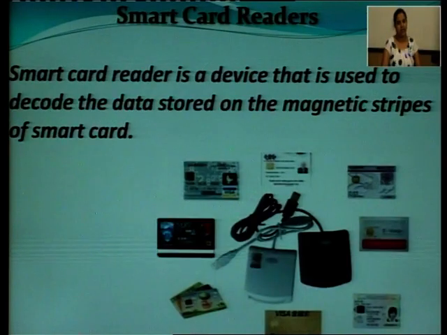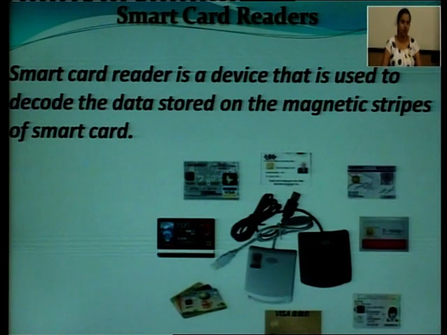Then comes the smart card reader. A smart card reader is a device that is used to decode the data stored on the magnetic stripes of the smart card. Like the barcode, the magnetic stripes, these are such devices.